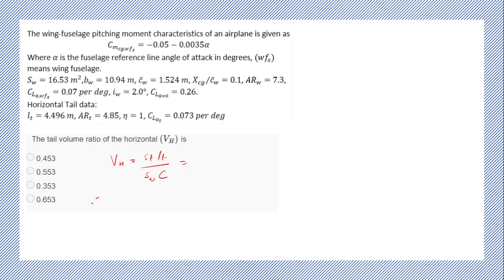So you want to use Cm naught of tail, right? Okay, what was the equation for Cm naught of tail that has VH in it? Eta VH.